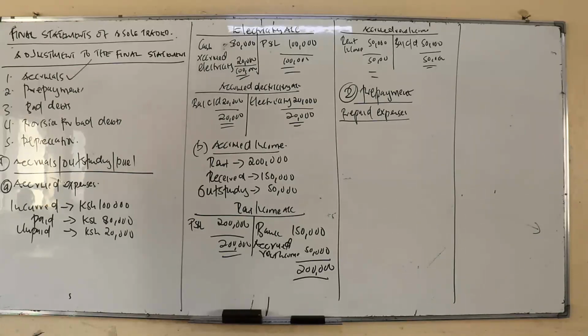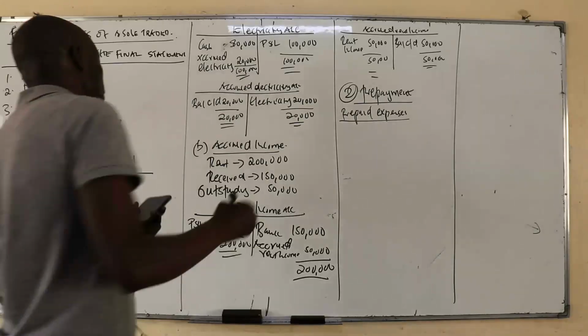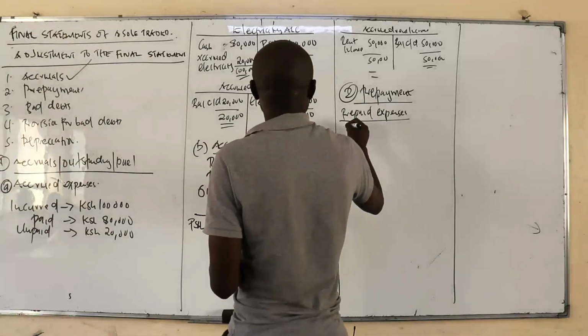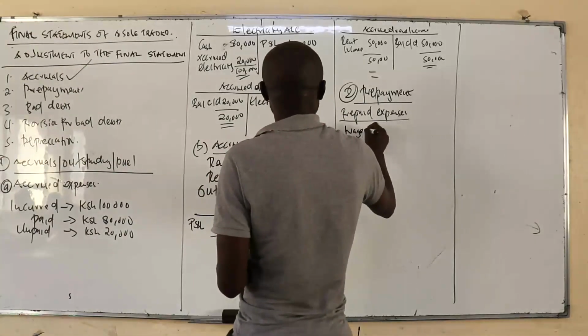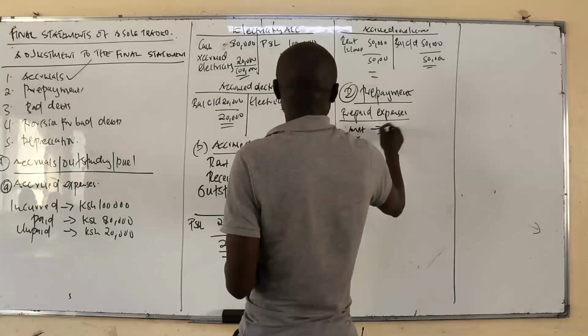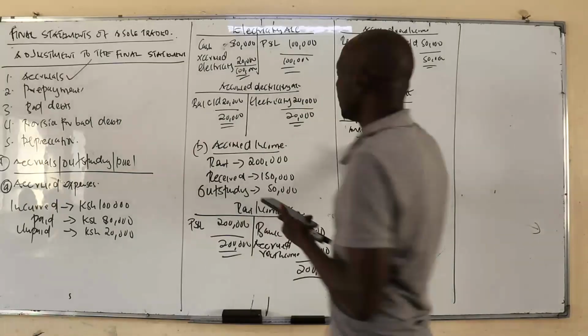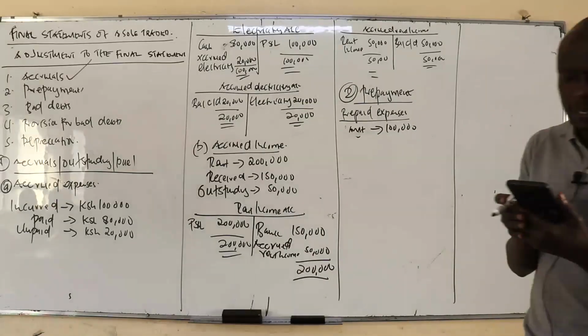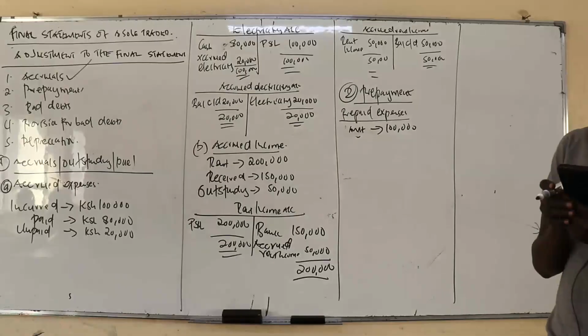We have been given an example there. ABC Enterprises incurred a total of 100,000 for wages for the year ended 1st December. So the total amount to be paid was 100,000. So this is the amount that relates to that particular year, that is 2010.